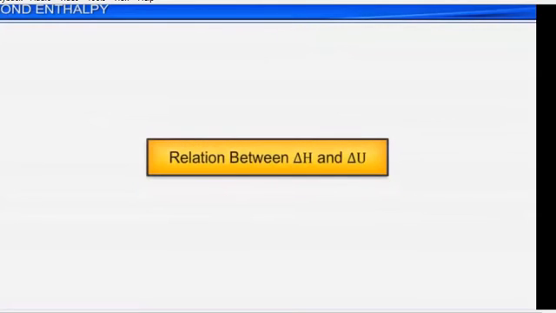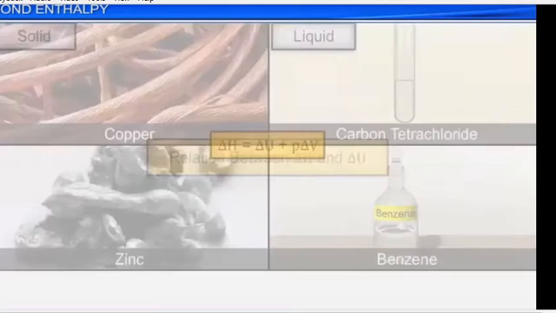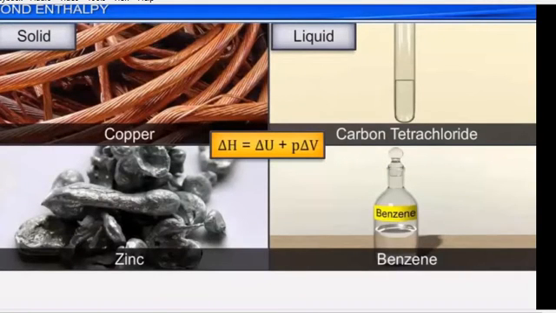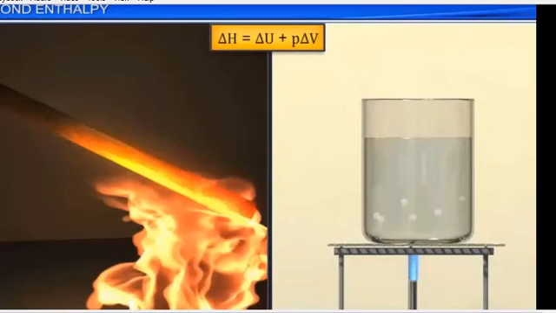Let's now look at the relation between delta H and delta U. When we deal with solids and liquids, the difference between the change in internal energy, delta U, and enthalpy, delta H, is not significant. This is because solids and liquids do not show significant change in the volume when heated.